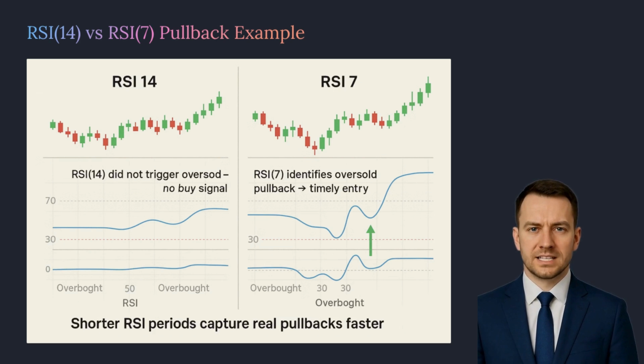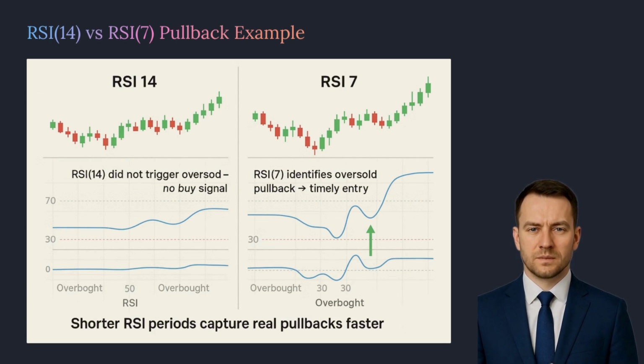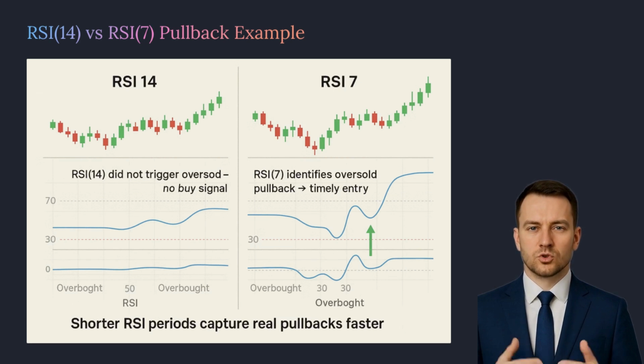Meanwhile, the RSI 7 on the right went down to around 18, a very clear oversold signal, correctly reflecting that price had pulled back significantly. Shortly after, RSI 7 crossed back above 30, aligning with our long entry criteria, whereas RSI 14 was only climbing from 38 to 45, never giving a classic below-30 signal.